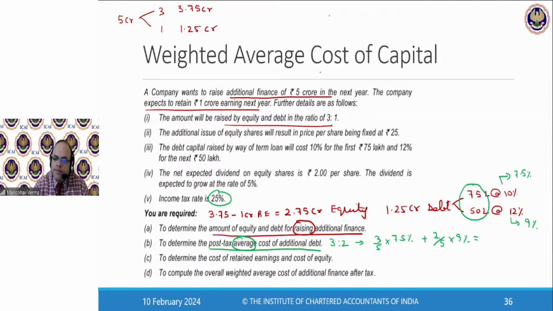What are we getting, guys? Can anyone tell me? 3 divided by 5 into 7.5. I think I'm getting 8.1%. Is everyone getting 8.1 for option number B? Yes, please double check. Vivek, I think you need to double check. What about others?